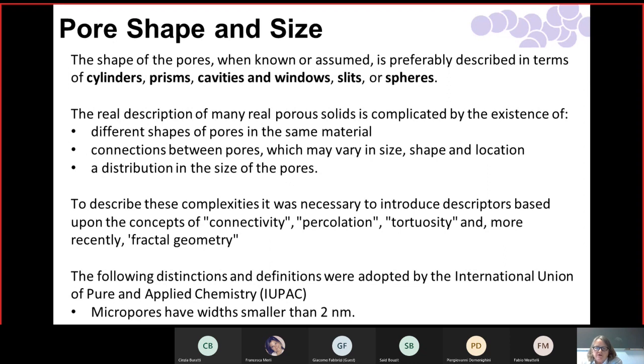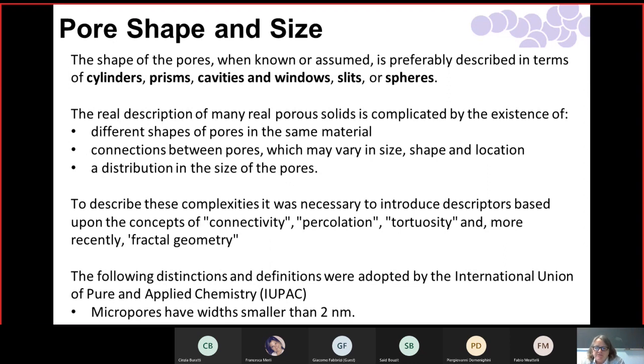And so one of the things, I just talked about estimating pore volume using skeletal and bulk density. We can also, we'll see, use a porosimetry system to measure pore volume, but it doesn't measure all of the pore volume because they work in this range.